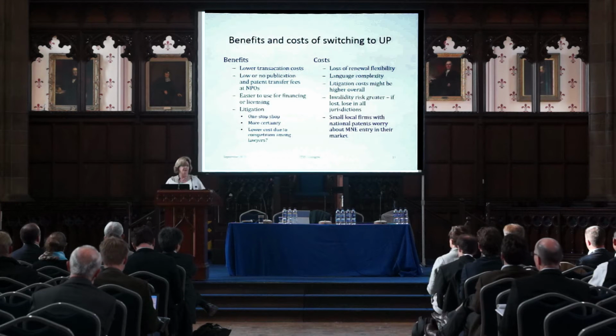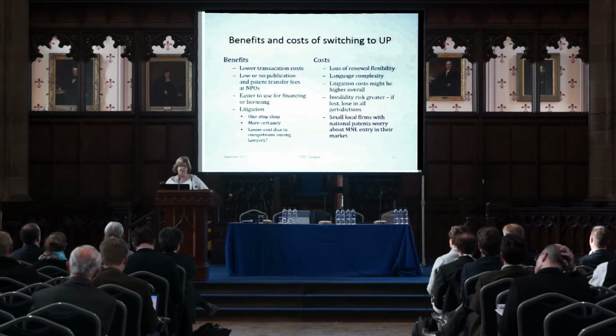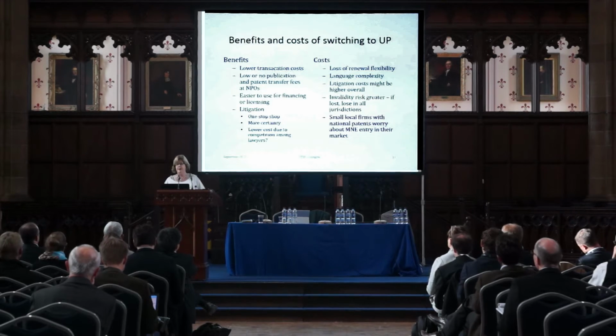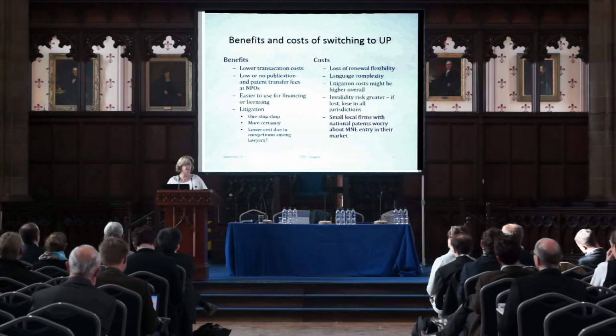Benefits are clearly lower transaction costs if you want coverage in a lot of countries, because it's a one-stop thing and there's going to be litigation in one location in principle. They also mention the fees you have to pay when you validate at the national offices, but also the fees you have to pay when you want to transfer ownership, which is more and more common these days among entities.